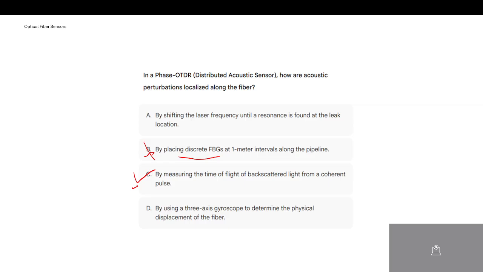Here we are discussing phase OTDR. Like standard OTDR, the distance is mapped to the time delay of the return signal. But in phase OTDR, we look at phase variation between successive pulses.